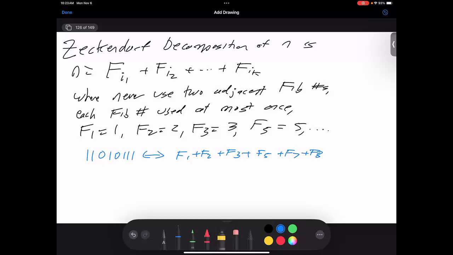Could that be a Zeckendorf decomposition? No, because you're using adjacent Fibonacci numbers. Good. So not Zeckendorf. We have adjacent summands.